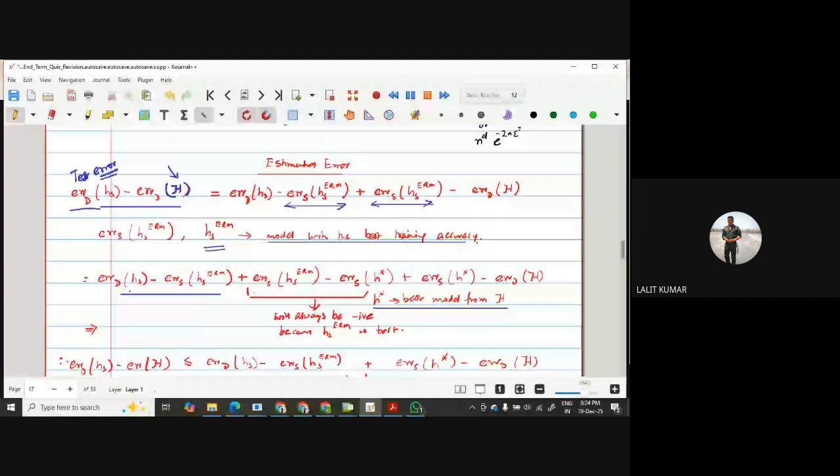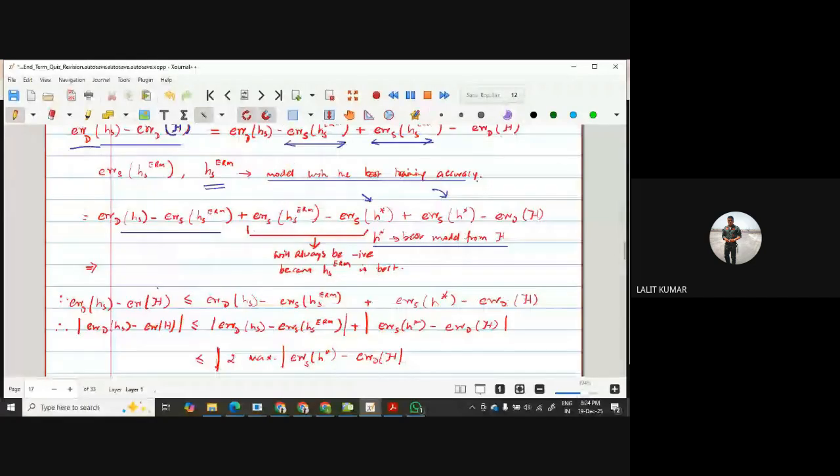So this is the training error of that. We add and subtract, and in the middle part, this is the best model we have got from training error, and this is the other model, the best model from the hypothesis class. When we have the best model and this other model, this value will always be negative, because this error will always be less than this error.